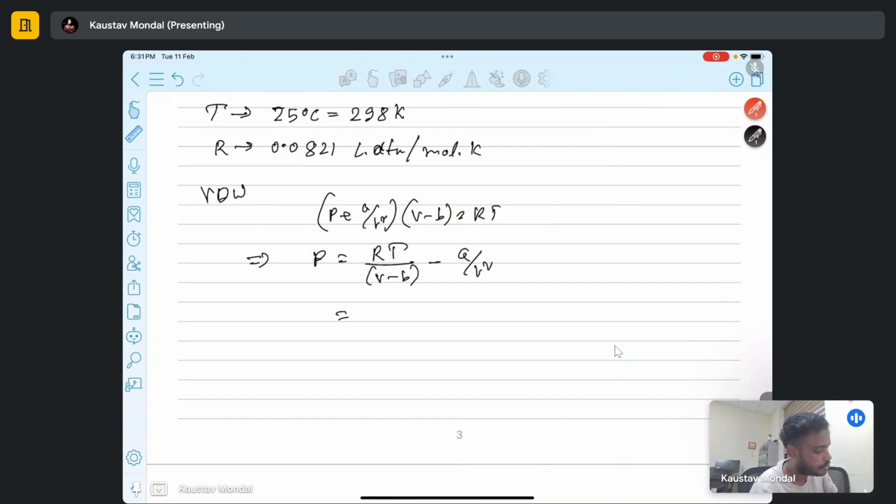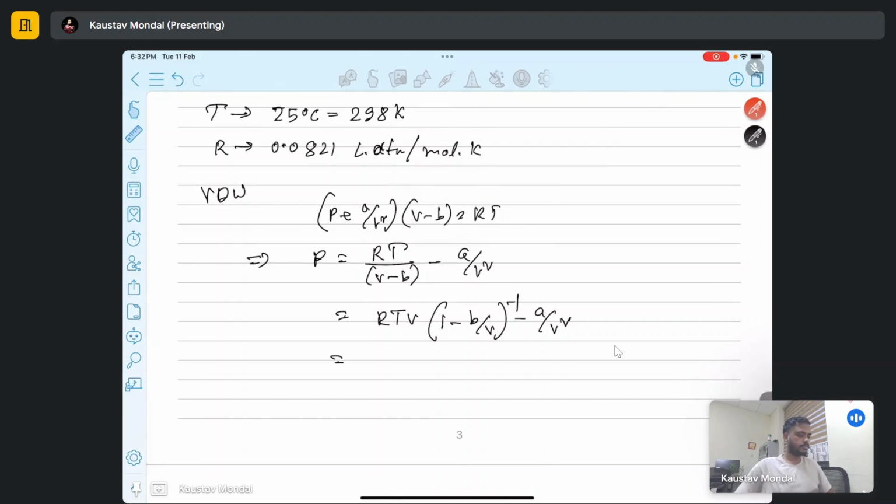Now you can take V as common, so RT by V into 1 by (1 minus B by V), minus A by V square.